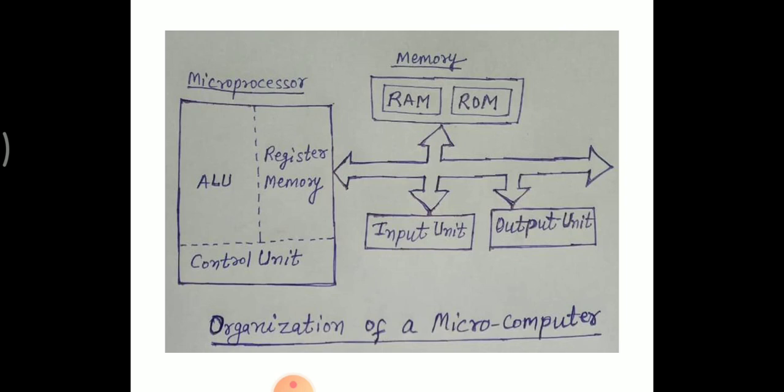Then memory. In memory, two types of memory are mostly considered: random access memory and read-only memory. Here memory is only primary memory. Then in microcomputer, input unit and output unit are also connected through this common system bus.